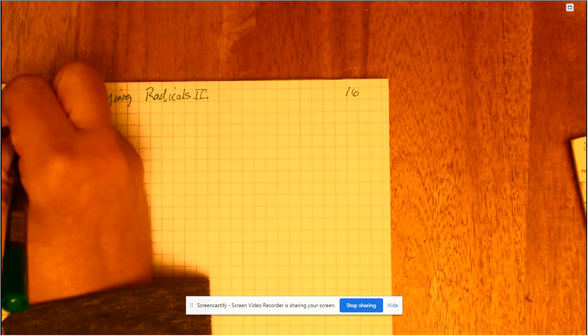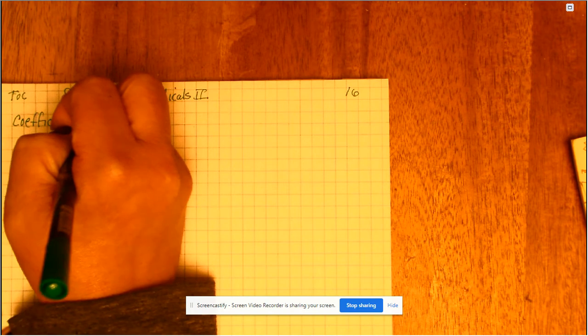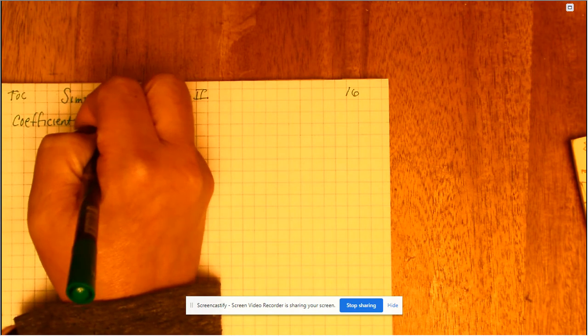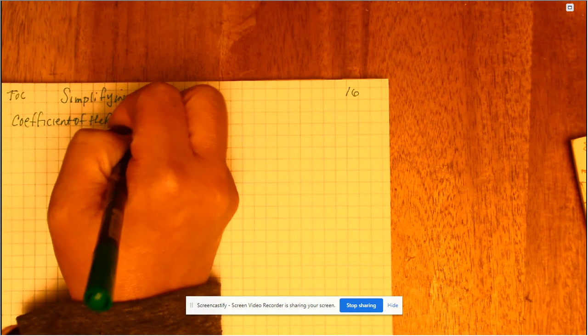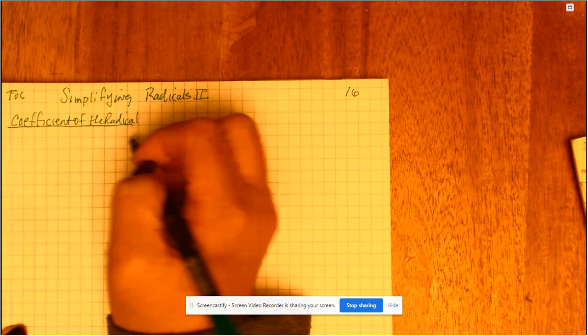And we need to talk about the coefficient of the radical. Many people just consider this the number in front of the radical.